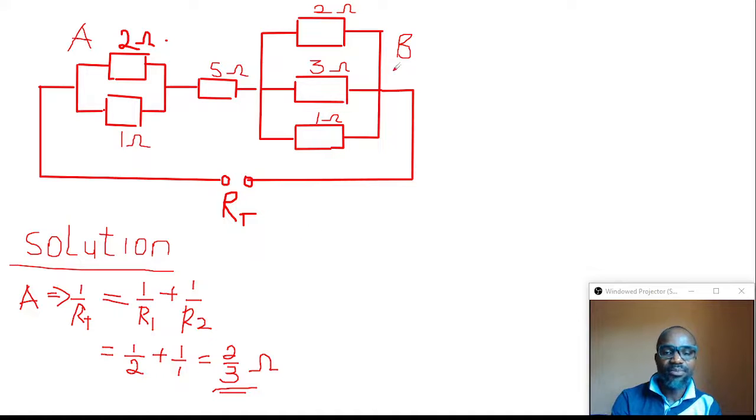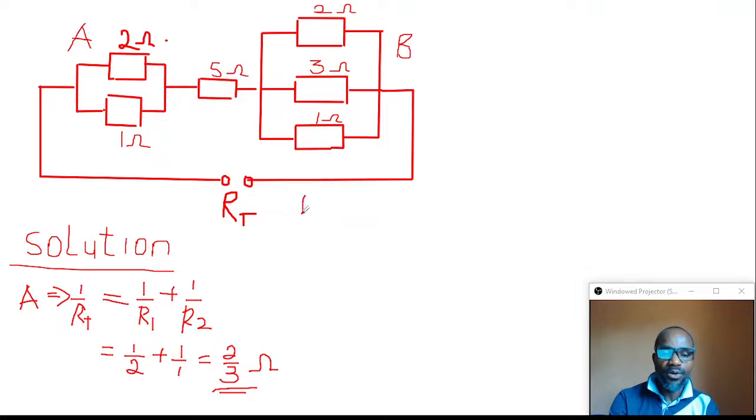All right. Then let's look at the second section. That is section B. We are going to look for the total resistance for 3 resistors connected in parallel, offering different resistances such as 2 ohms, 3 ohms, and 1 ohm respectively.